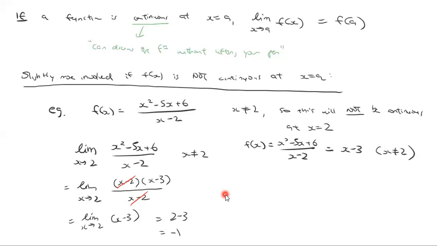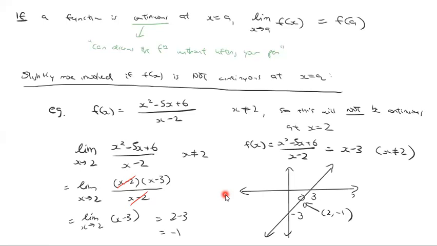So if I were to graph this, it's actually just the x minus 3 line, with one caveat: an open circle at 2, minus 1. This is the graph of y equals f of x. It's just a straight line with a hole in it.